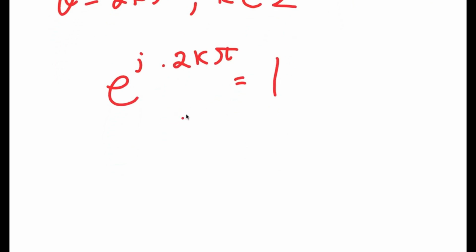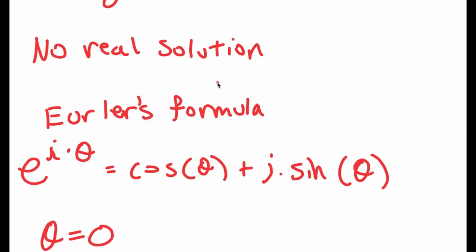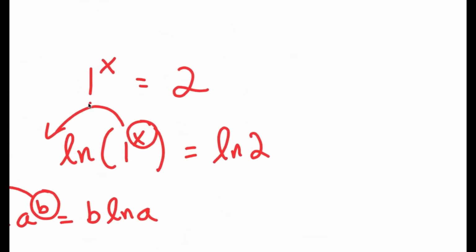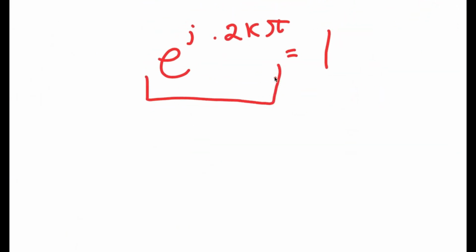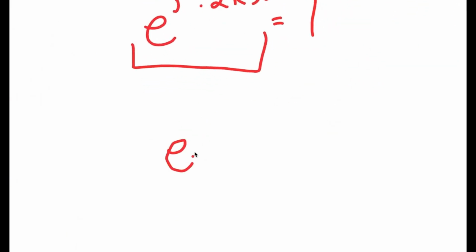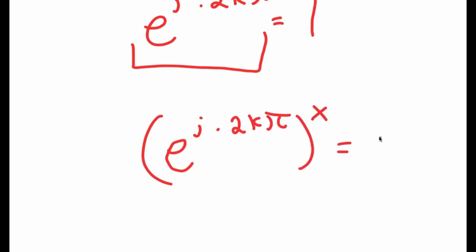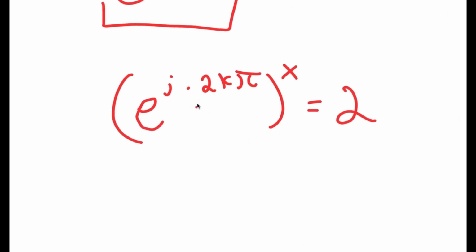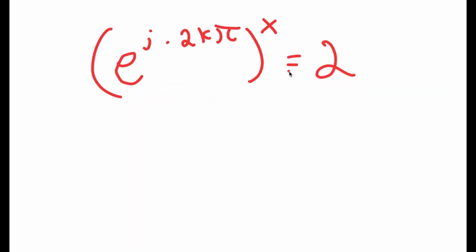Now, because this is equal to 1, we can remember our first equation, which we started with, 1 to the power of x equals 2, we can substitute in this for 1, meaning I get e to the power of i times 2k pi to the power of x is equal to 2. So just think of this as 1. So I have basically 1 to the power of x equals 2.